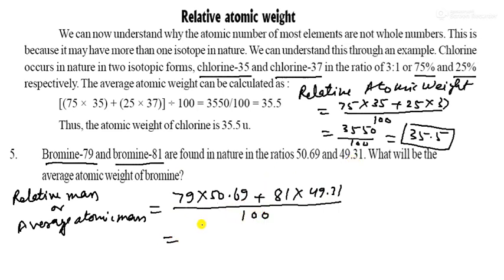You can calculate it, it becomes about 8000 over 100. Cancelling, we get 80, and that is your answer.